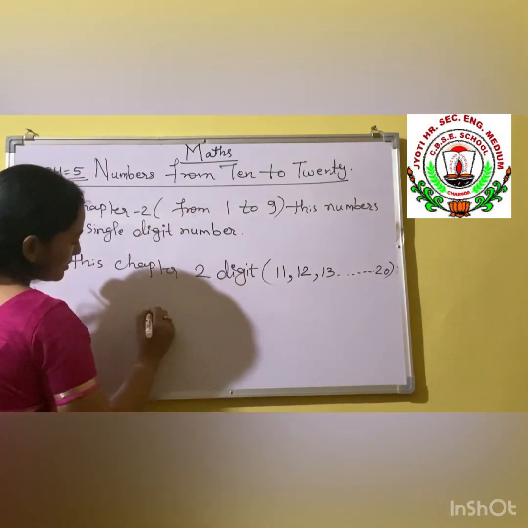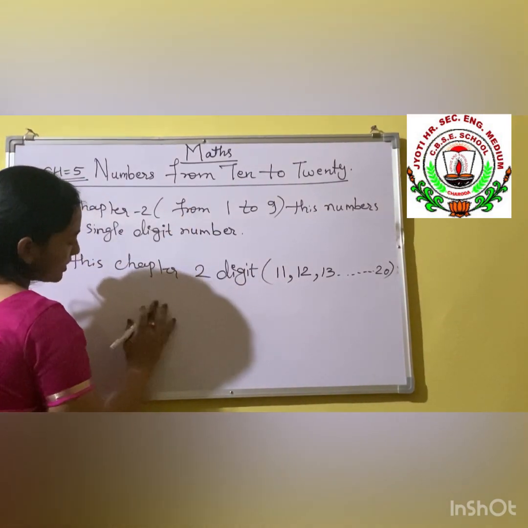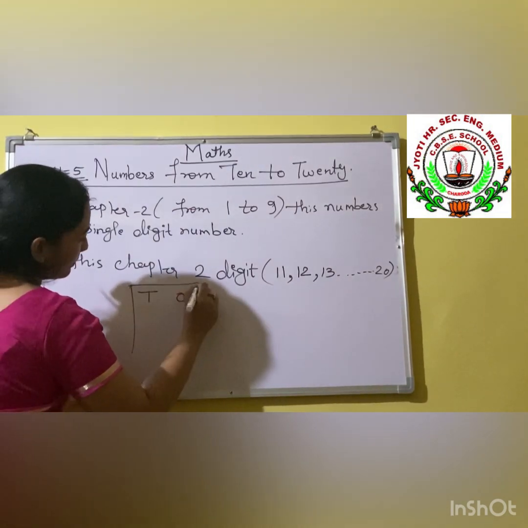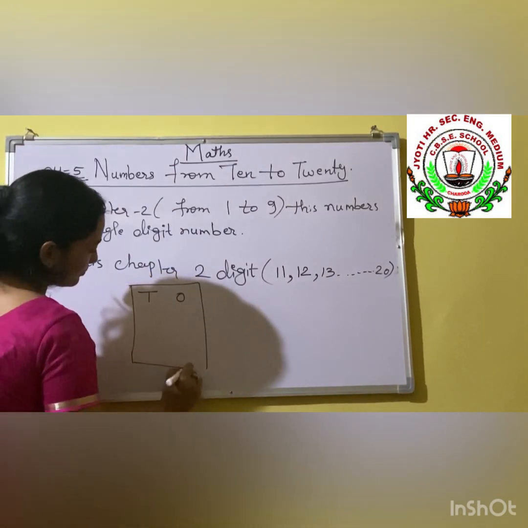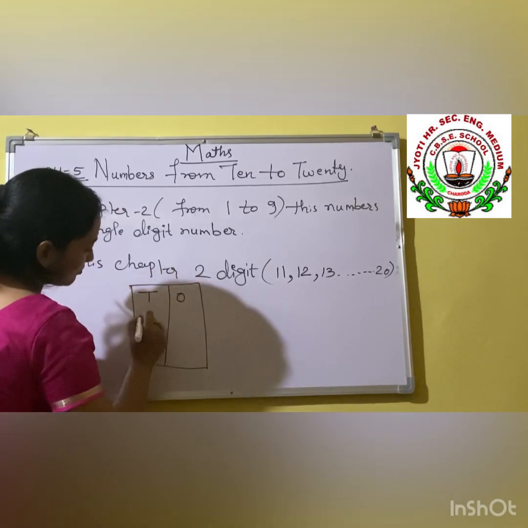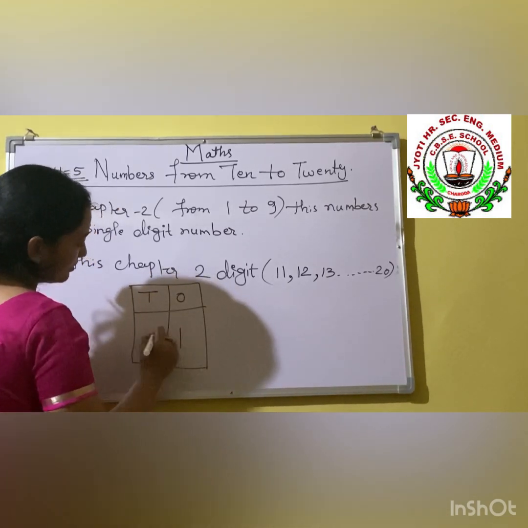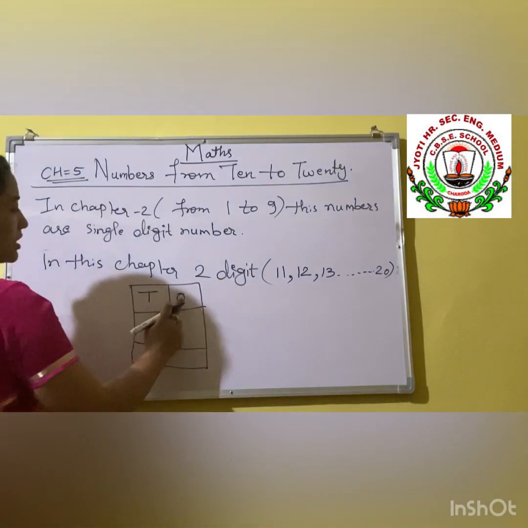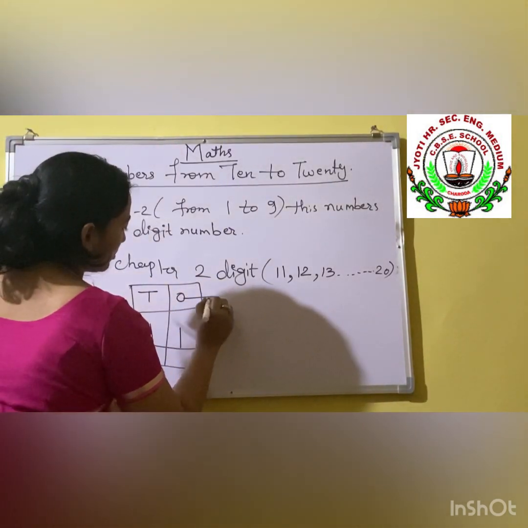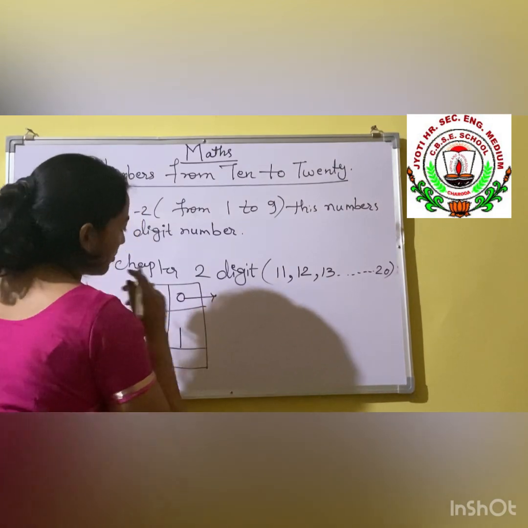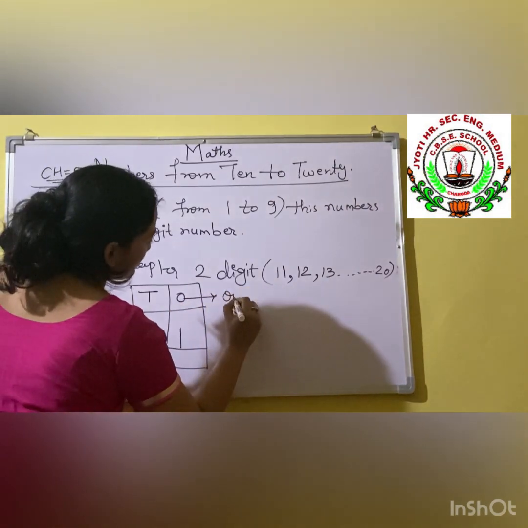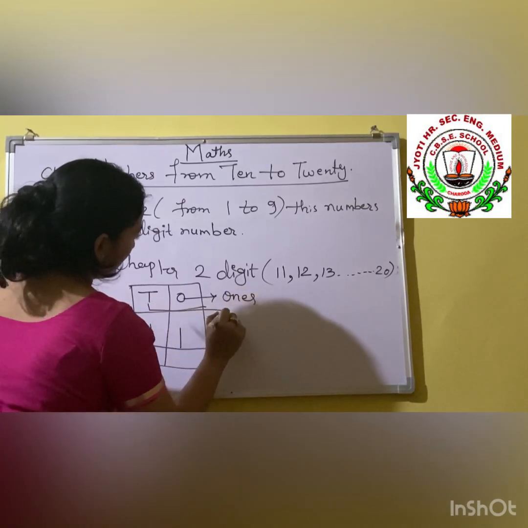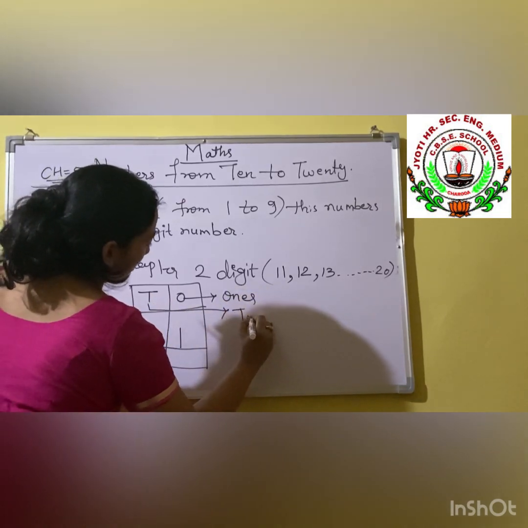So for example, 11. This O represents ones, and this T represents tens.